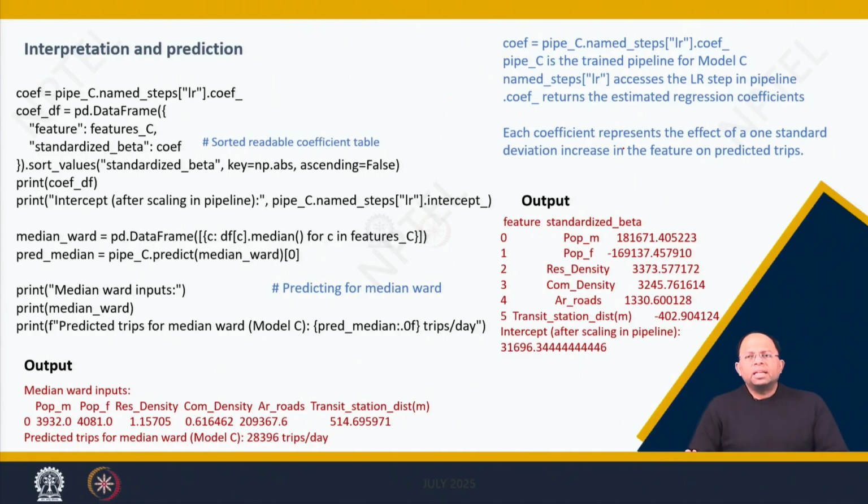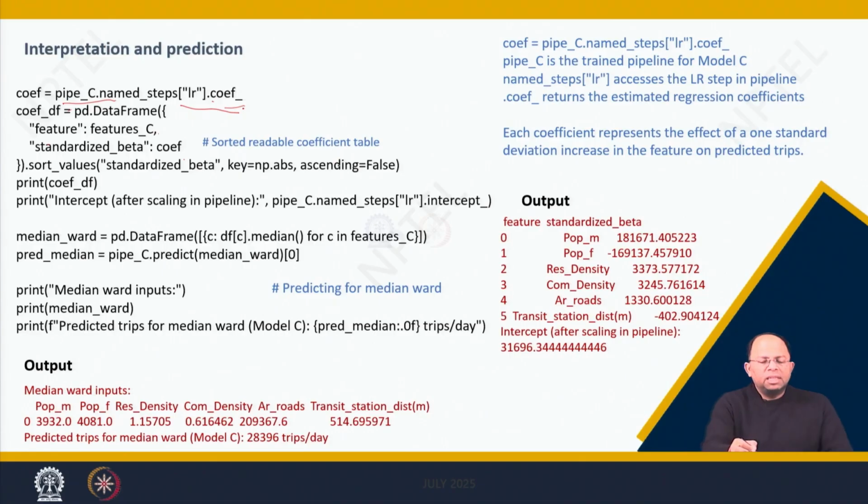So the final thing that comes is how to interpret the model. Once we run the models, we need to understand what the coefficients of the model are and what those values are, and we can determine the coefficients over here. For the pipe that we have created, we are running it, and then we are getting the coefficients over here with dot coef underscore, and we are storing the values of those coefficients, and the standardized beta coefficient is being stored.